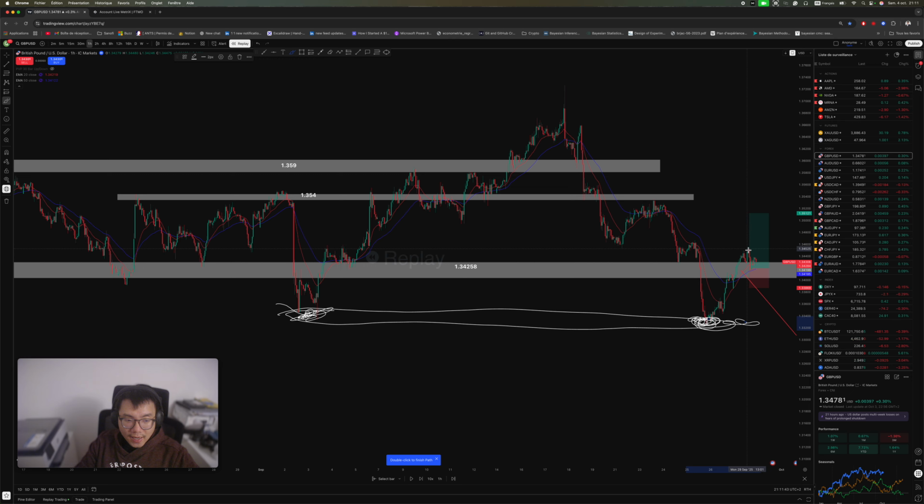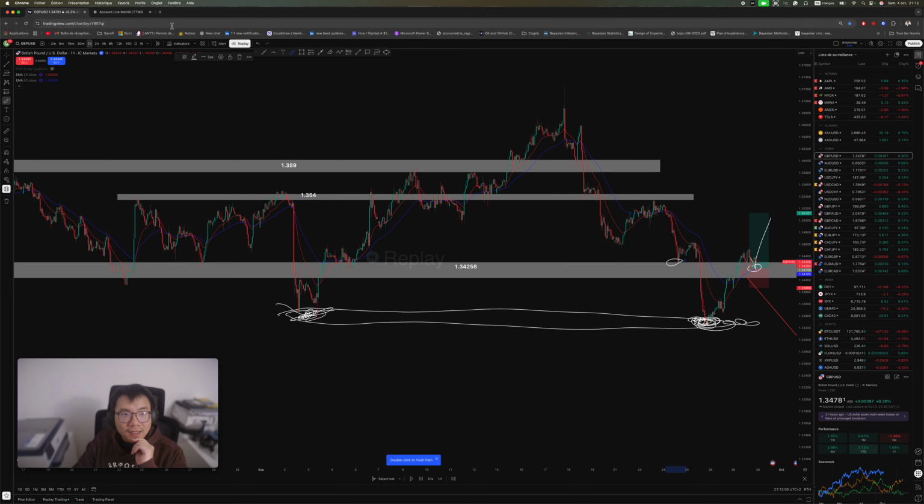So finally I decided to switch my thesis and go long instead. Instead of a short here, I decided to take a long. You can also see it formed a head and shoulders pattern here, which is something that I really like.